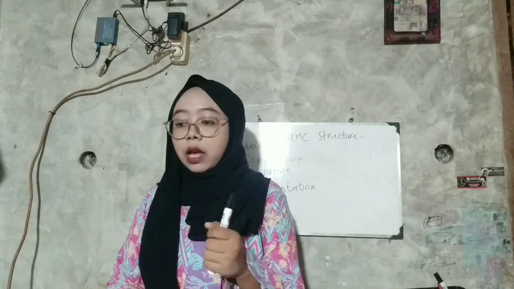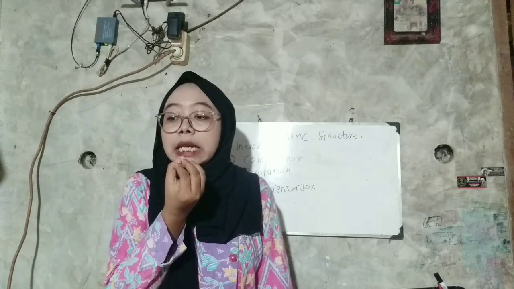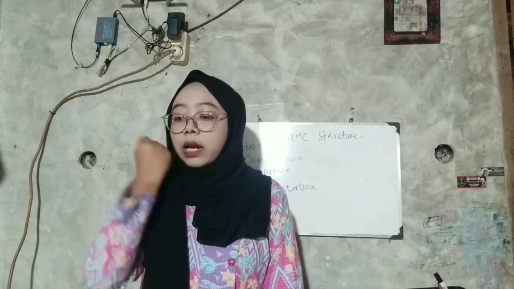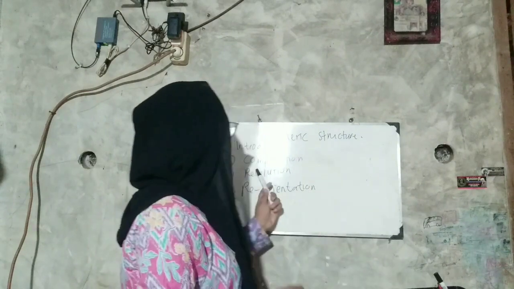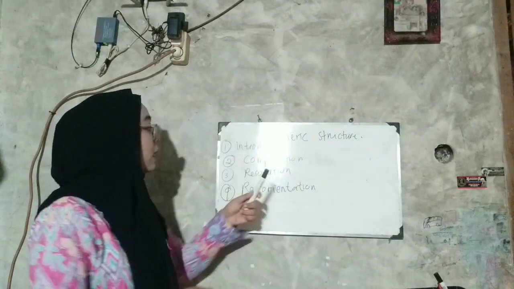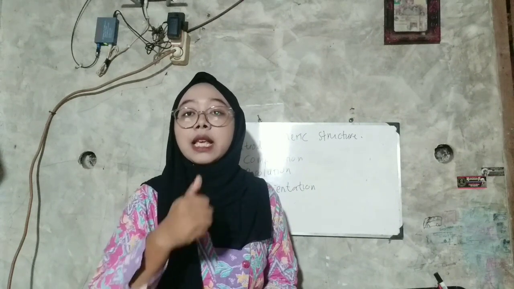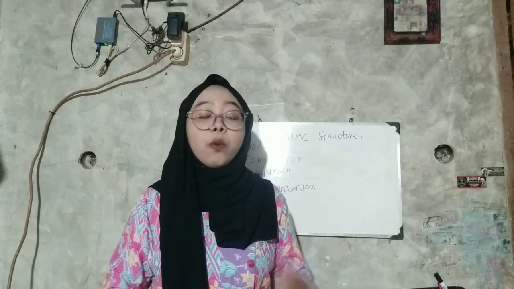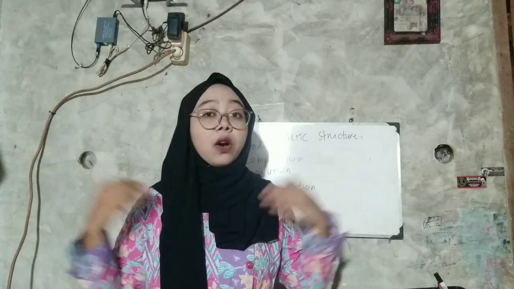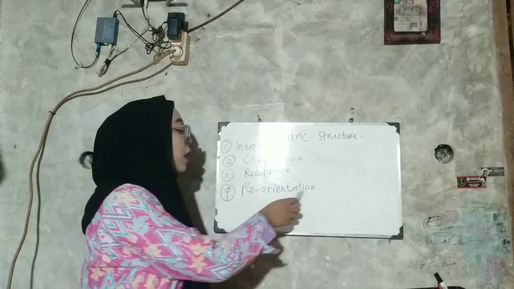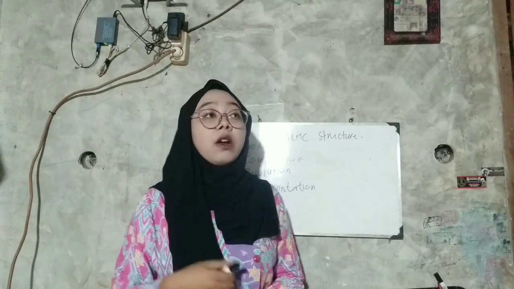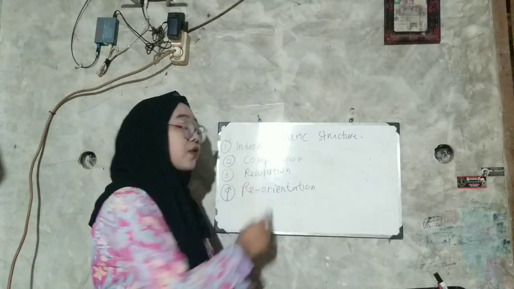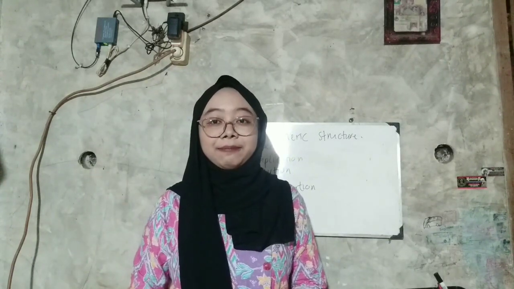Complication is the problem of the story, how the main characters solve the problems. And the next is the resolution. This is how the story turns out worse or better, happy or not. And the next is reorientation. This is the ending of the story, but sometimes there are only three generic structures in the narrative text.